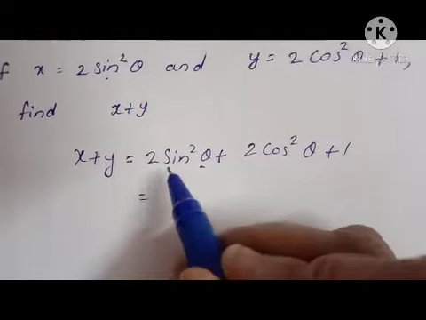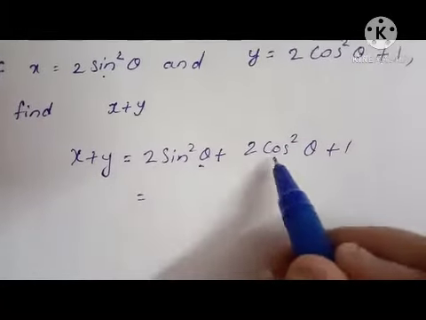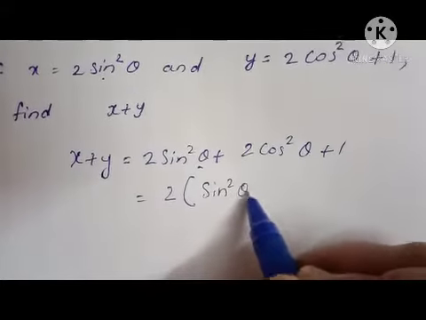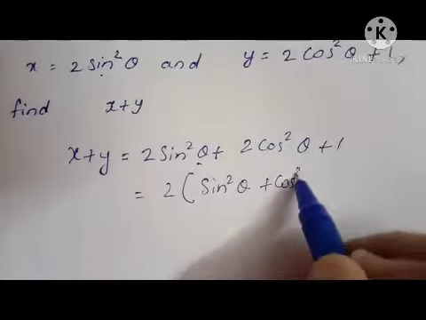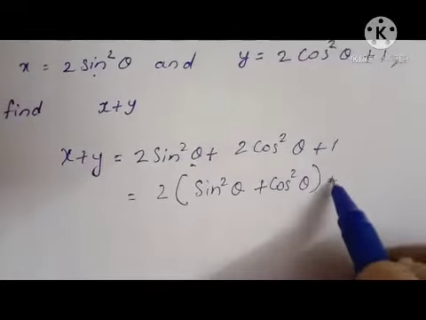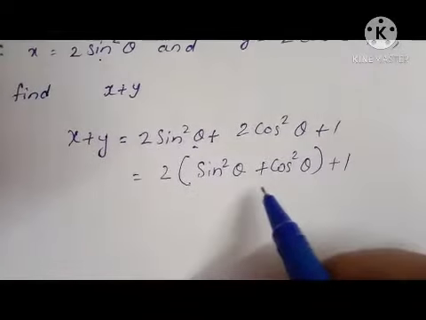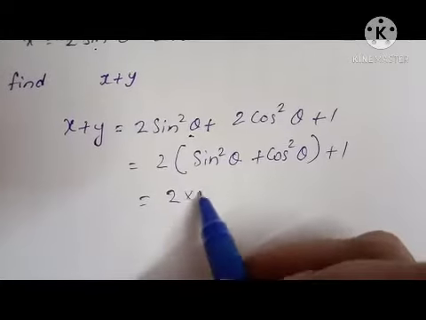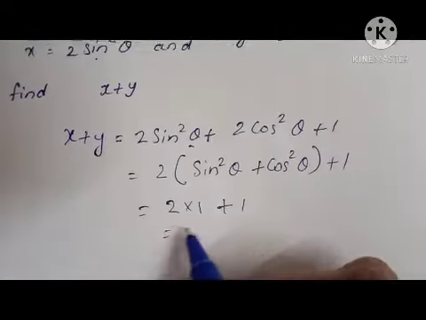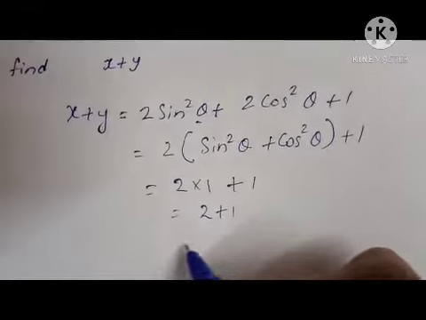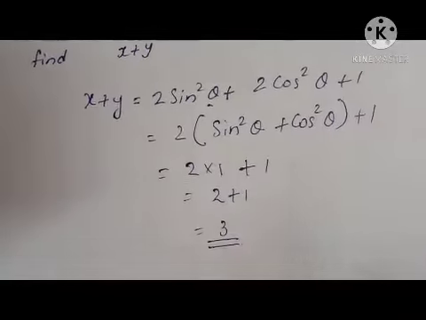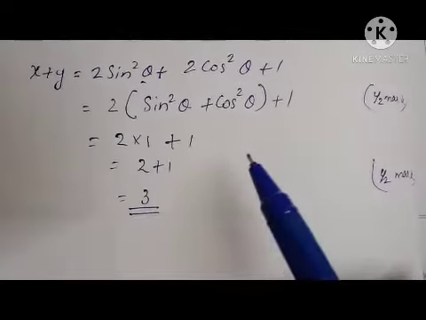Then we can take the common factor outside. From these two terms, 2 we can take outside. Then 2 into sin square theta plus cos square theta, plus 1. Then by identity, sin square theta plus cos square theta is 1. So 2 into 1 plus 1. 2 into 1 is 2. 2 plus 1 is 3. So what is the value of x plus y? That is 3. So a 1 mark question.